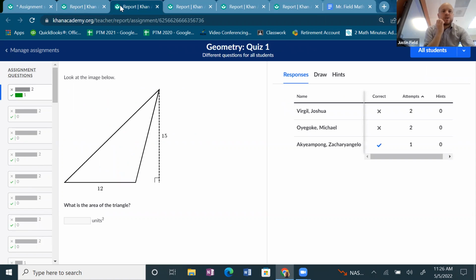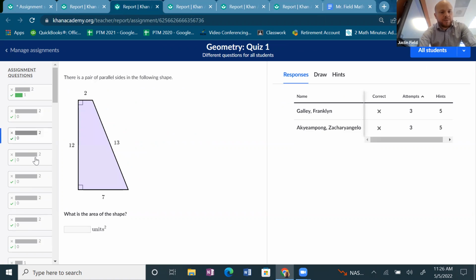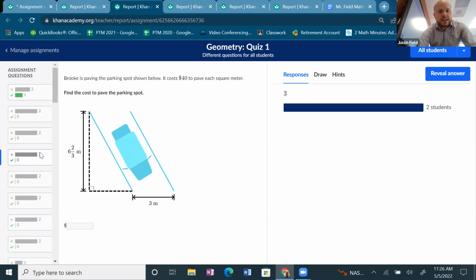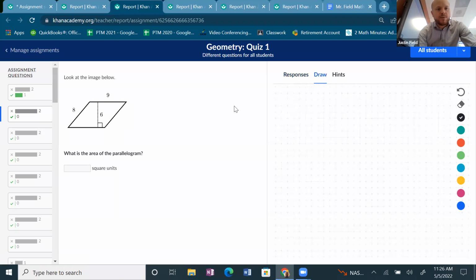So now let's do geometry quiz 1. Area of the triangle. This is actually a 6th grade assignment, because it's the place where they really start looking at area in a big way. So what is the area of the parallelogram? You can look up those formulas.